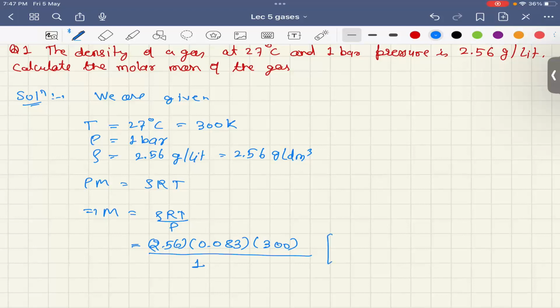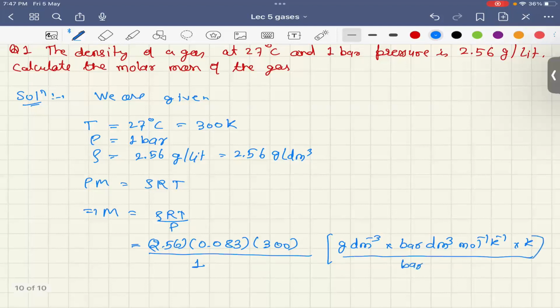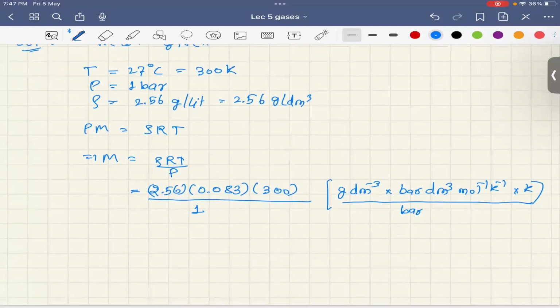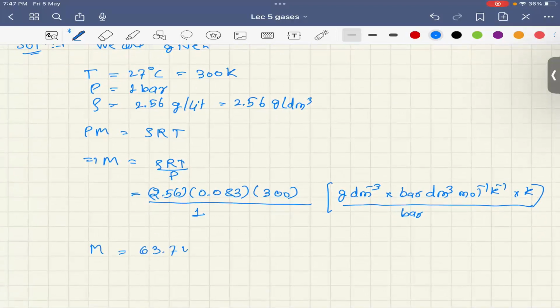If you look at the units, it's going to be gram per dm cube, multiplied by bar dm cube mole inverse Kelvin inverse, multiplied by Kelvin divided by bar, right? Molar mass comes out to be 63.74 gram per mole, right?